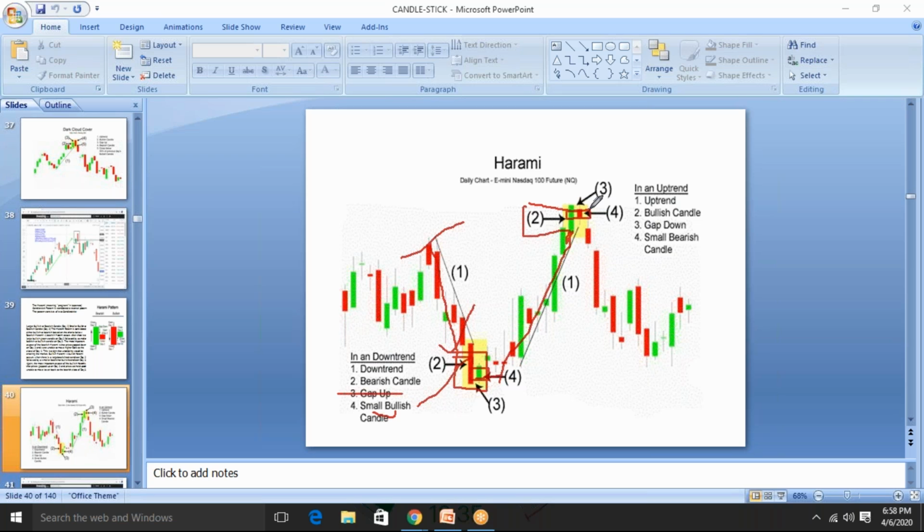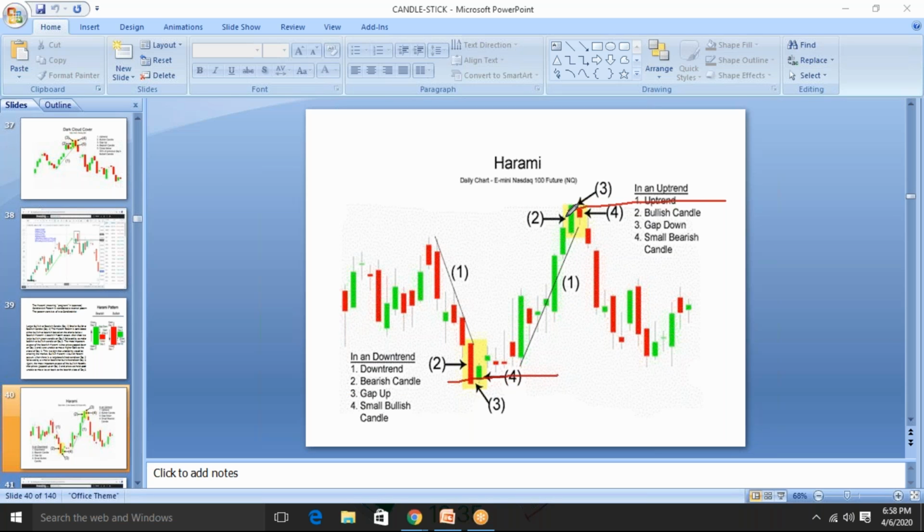And the body of this candle should be small. Color is important. You can consider this color as green and this color as red. We can call this bearish harami. This is bullish harami. This is bearish harami.